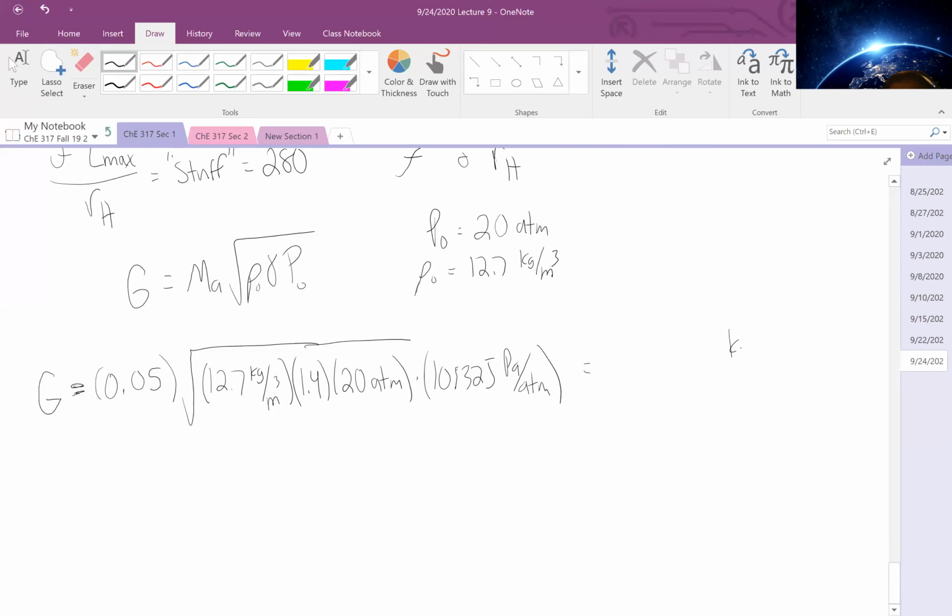We do that, we'll be left with kilograms per meter squared second. So let's see what we get. 1.4 times 20 atmospheres times 101,325, square root of that.